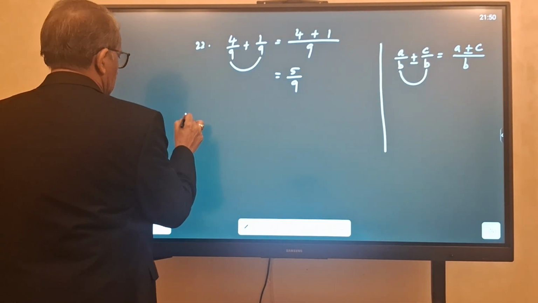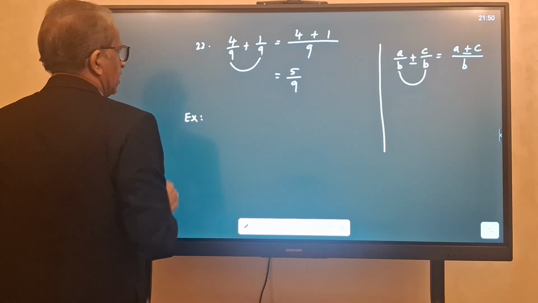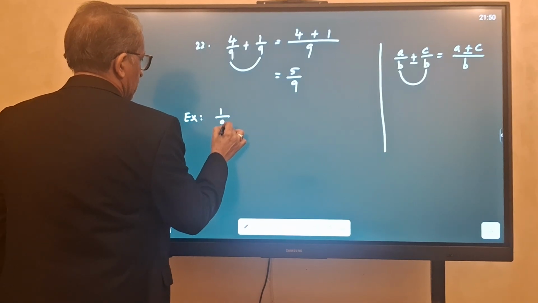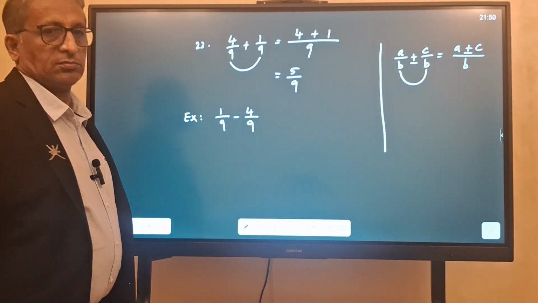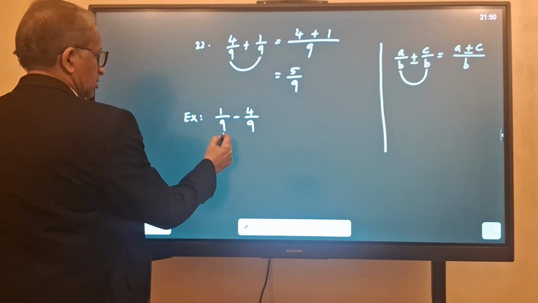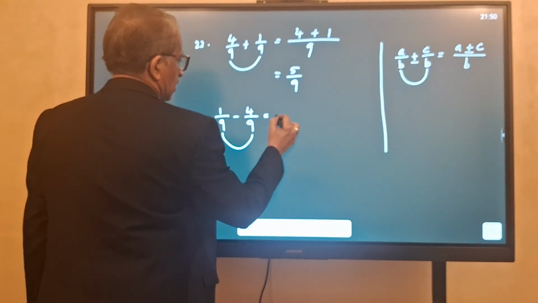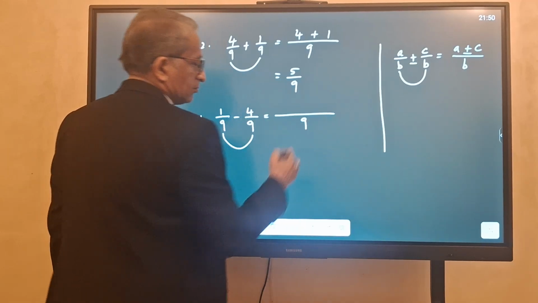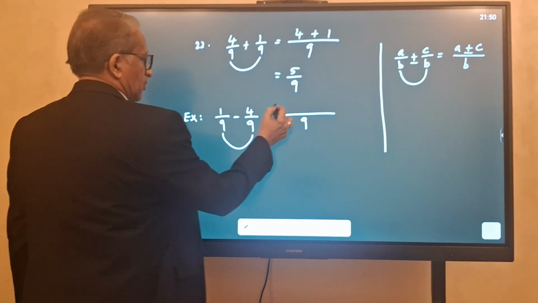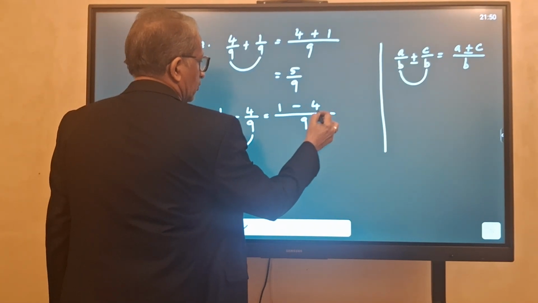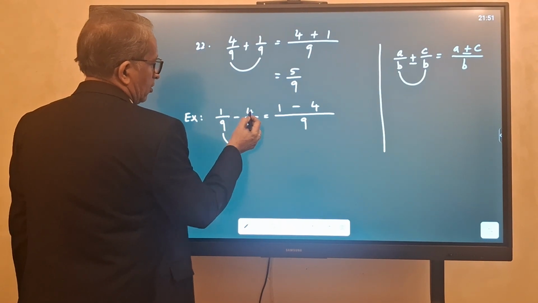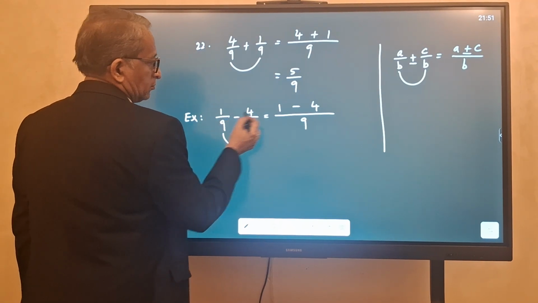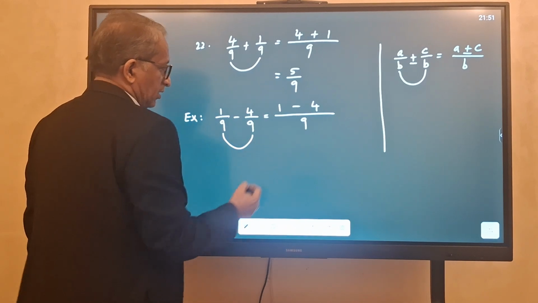The same example, let me give you another example. 1 by 9 minus 4 by 9. Same denominator. So the denominator is same, but the first is 1 minus 4. Don't change the order. So 1 minus 4, not 4 minus 1, because when it is minus, you have to be careful.